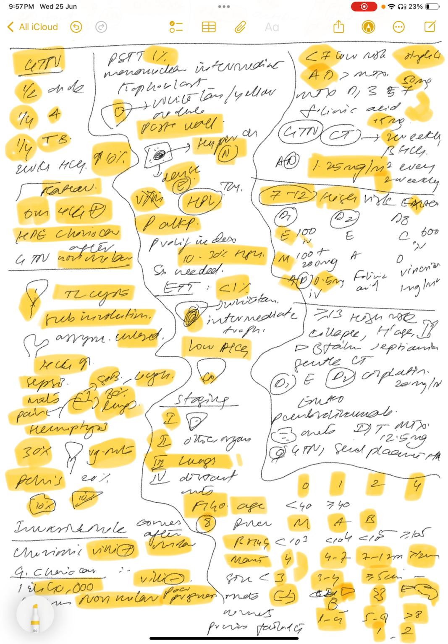On day 2 you give EA, scratching off the M, and folic acid will also be given. On day 8 you give CO: cyclophosphamide 600 and Oncovin, that is vincristine, 1 milligram per meter square.